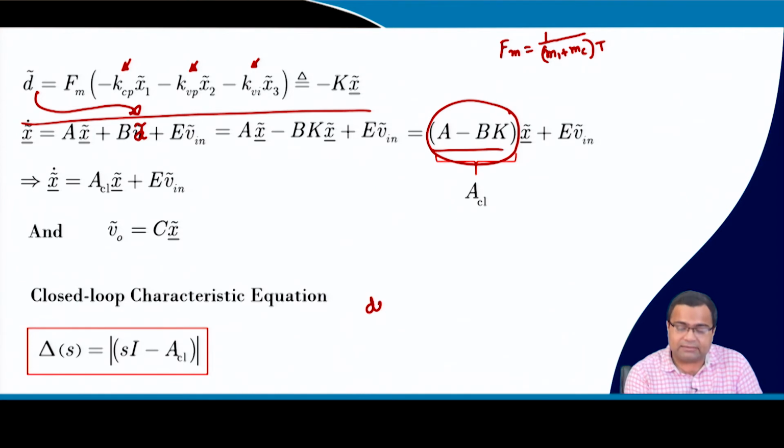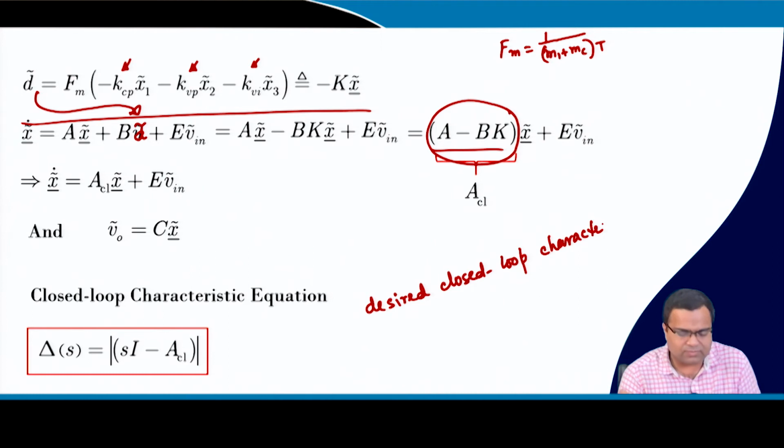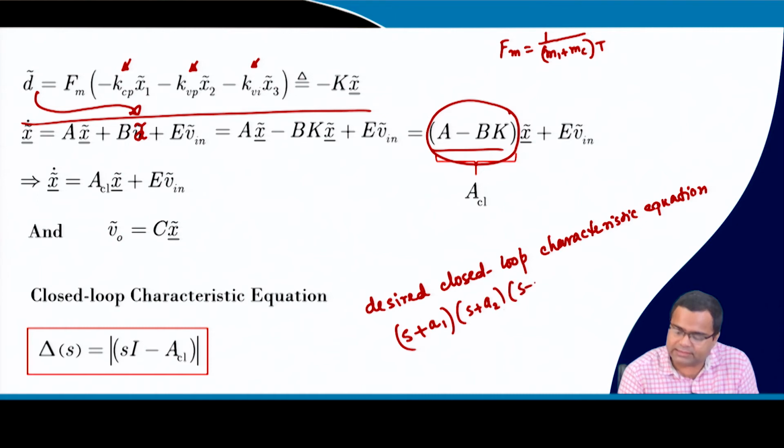So, I would say our desired closed loop characteristic equation can be written as (S plus A1)(S plus A2)(S plus A3) equal to 0.